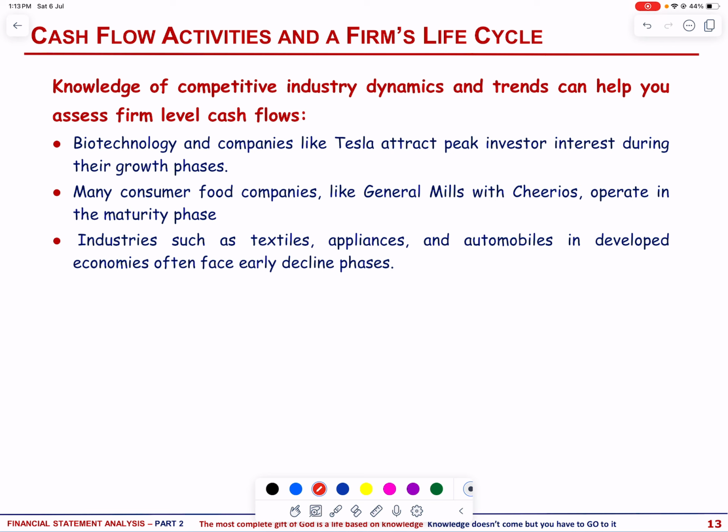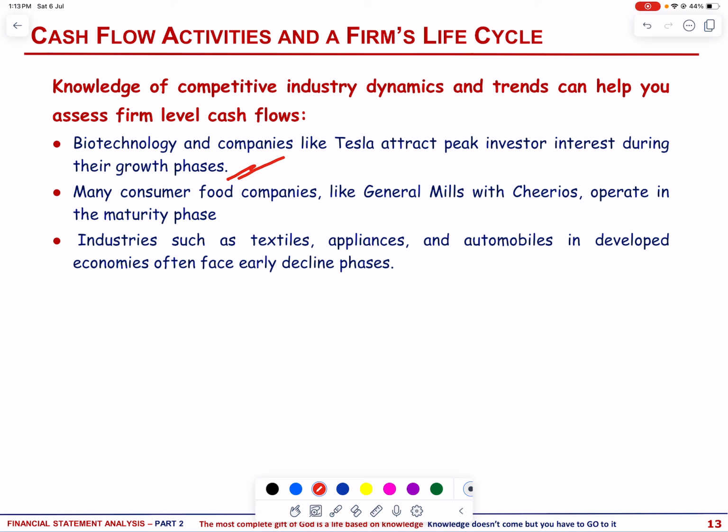Now, companies in these sectors focus on developing new technologies that lead to high profitable products. Tesla exemplifies this with its electric car technology, which represents growth potential compared to traditional automobiles.